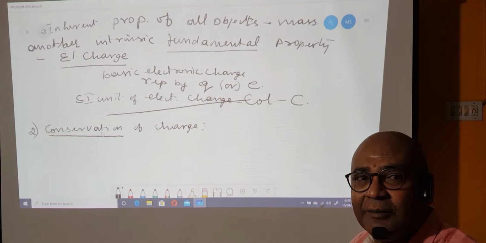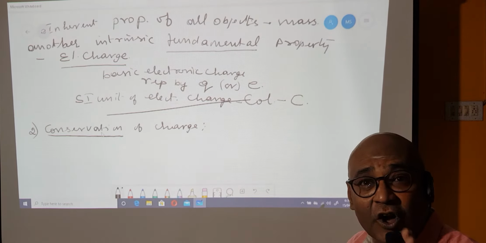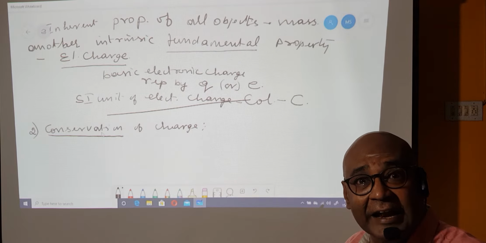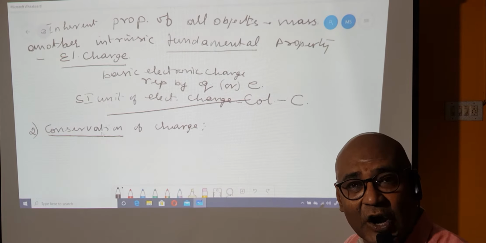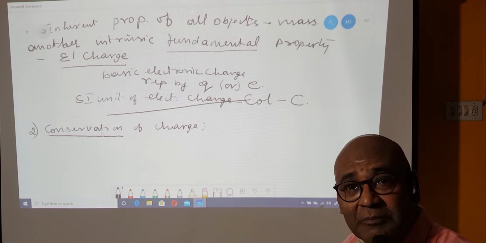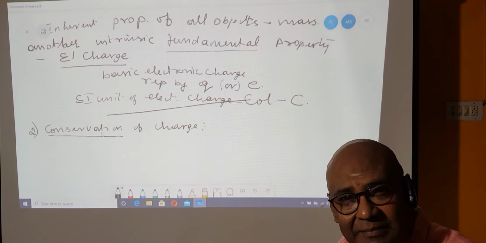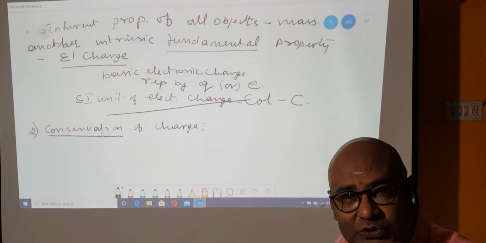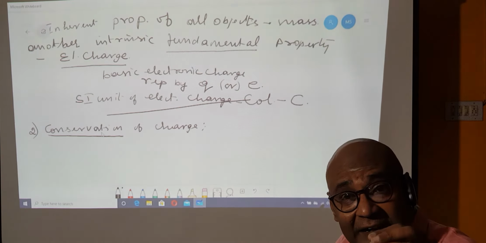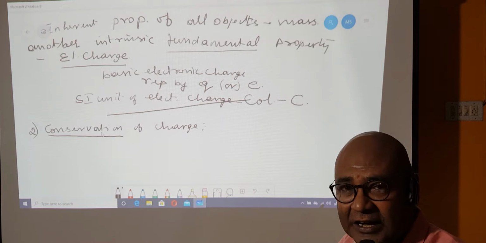You might have studied the law of conservation of energy: energy can neither be created nor be destroyed, but it can be transformed from one form to another in an equal amount. Similarly, I can state the law of conservation of electrical charge.